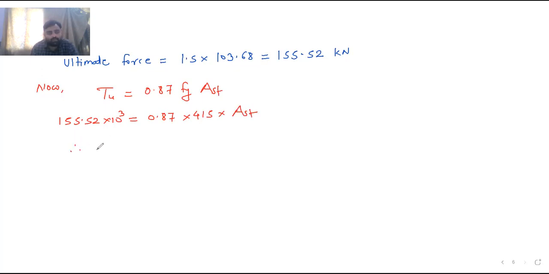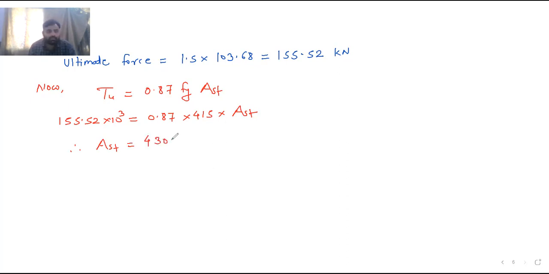So therefore, AST is equal to, so what will be the value of AST? It is 155.52 divided by this 430.74.